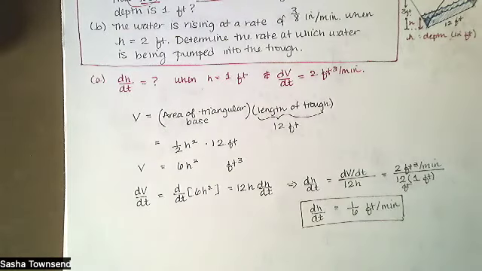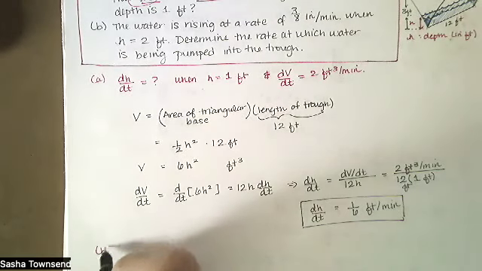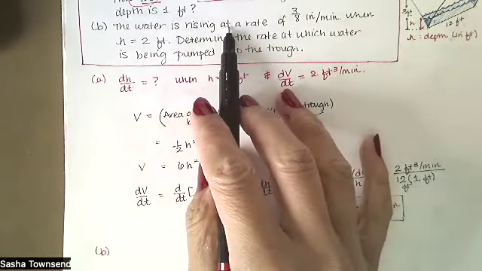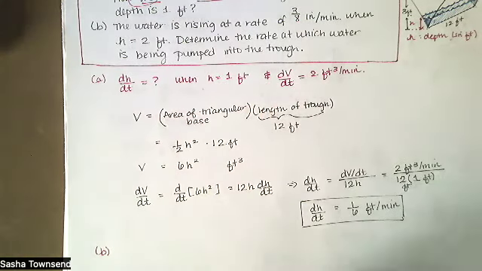Now for part B, I want to do pretty much the same thing. It says water is rising at a rate of 3/8 of an inch per minute.